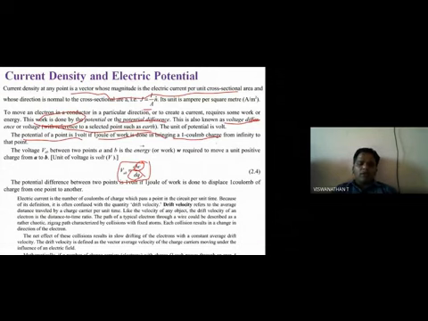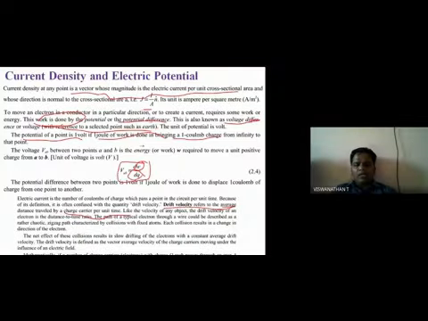Whenever there is a movement, we need to measure the velocity. Velocity, as you all know, is the average distance traveled by the charge in a particular unit of time. It is the same as normal velocity. Suppose a bus travels from one place to another, we can easily calculate 60 kilometers per hour or 40 kilometers per hour. Whenever there is movement, there is a chance of collision changing the direction.